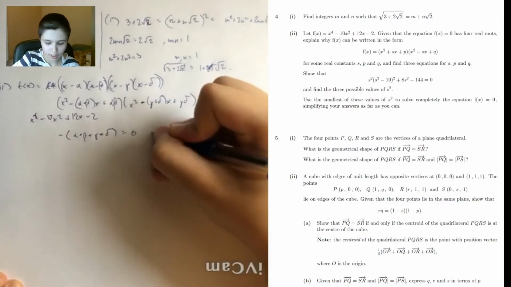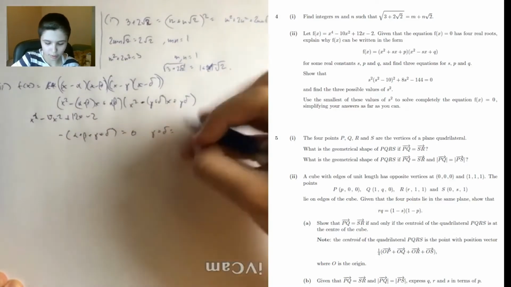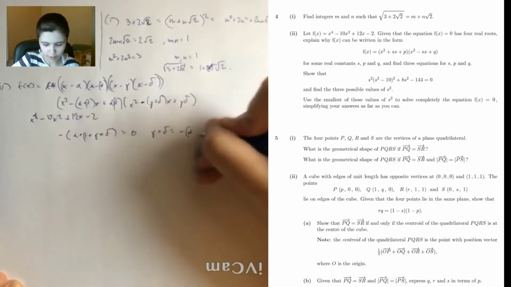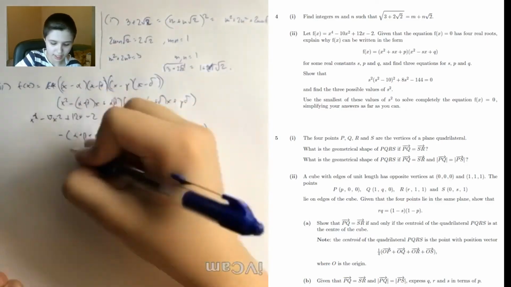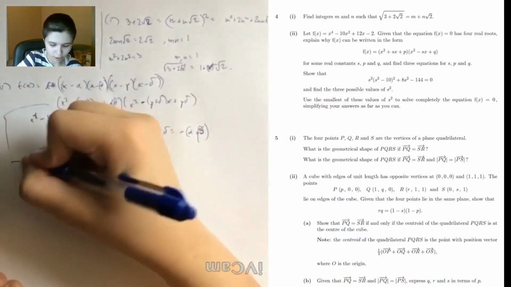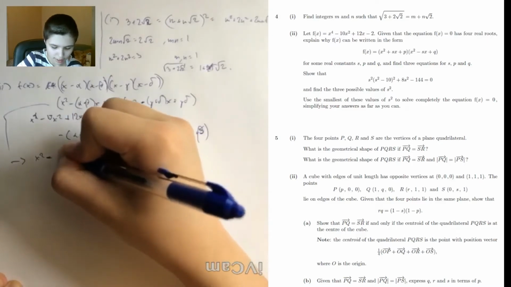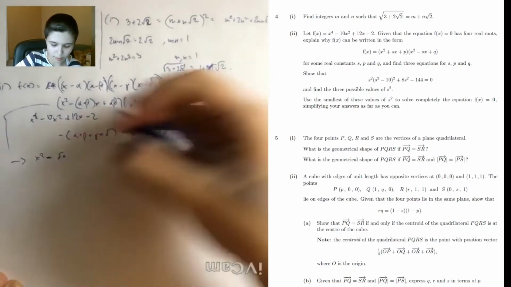And so gamma plus delta is equal to minus (alpha plus beta).